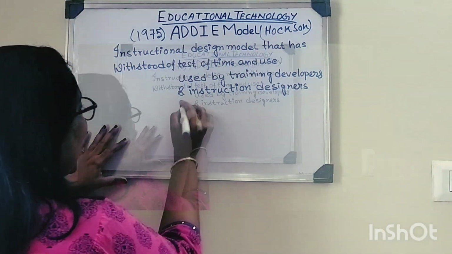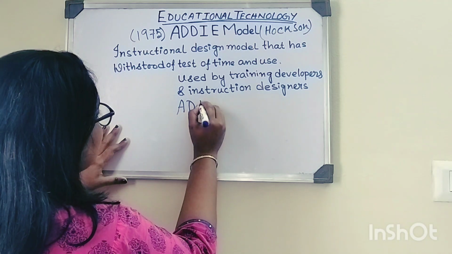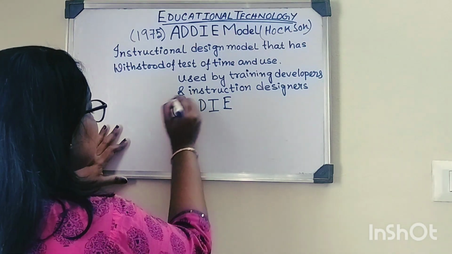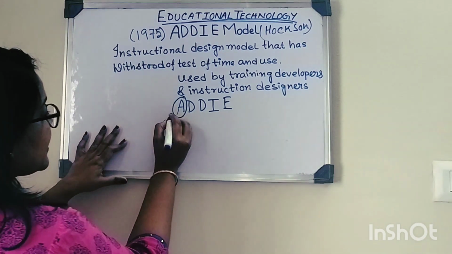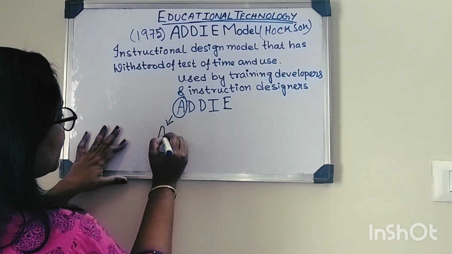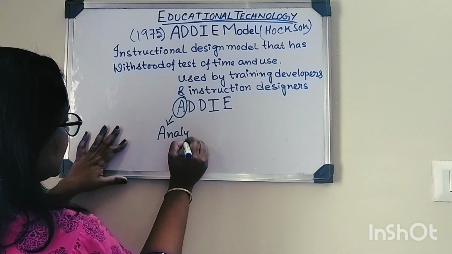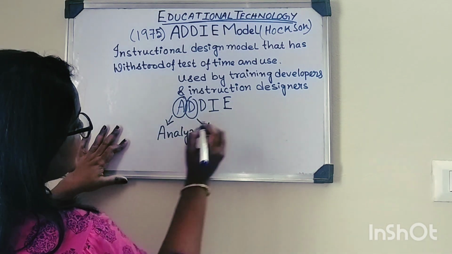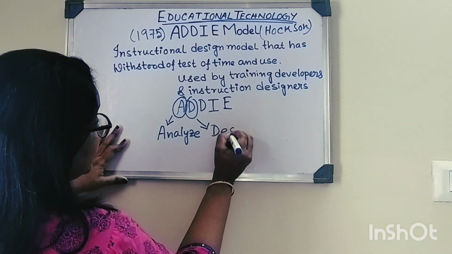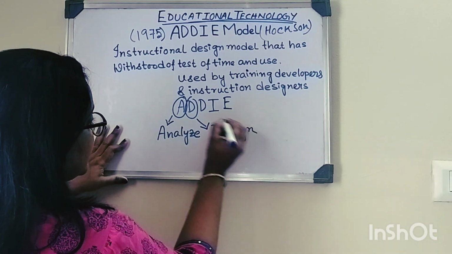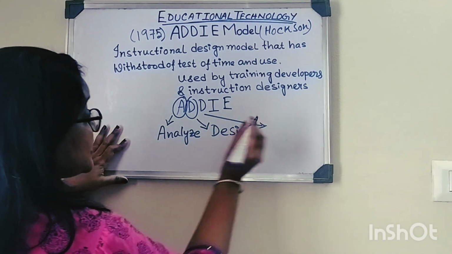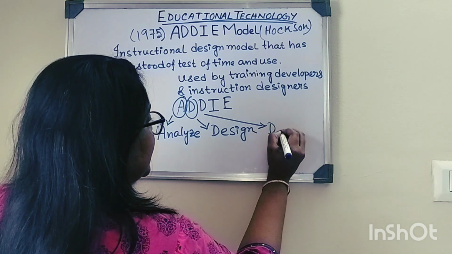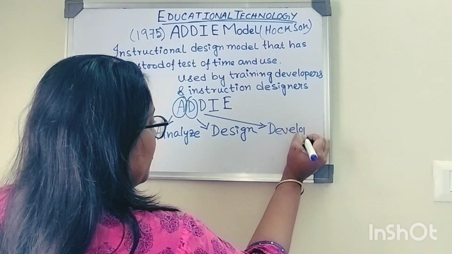Now going to the second thing, what is the acronym for ADDIE? The first one, A, stands for analyze. The second, D, stands for design. The third one, the second D of the word, is for development.